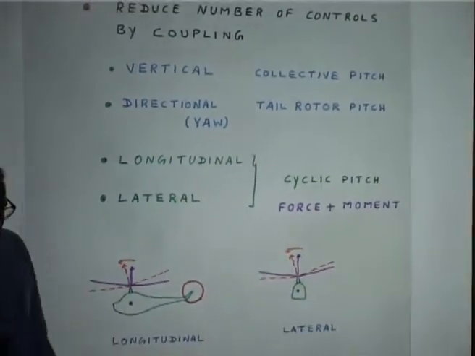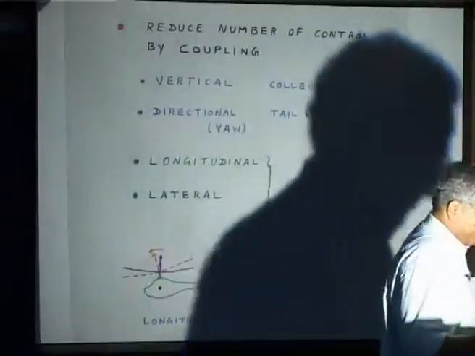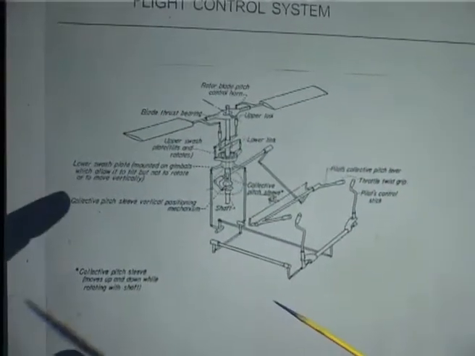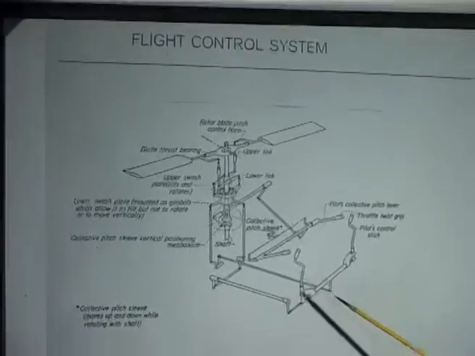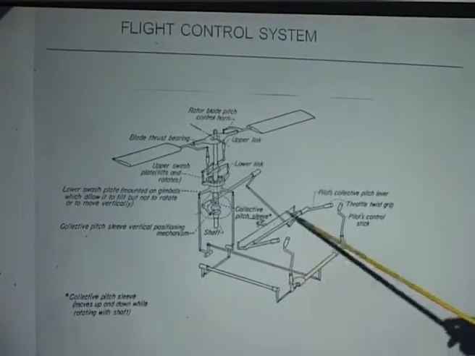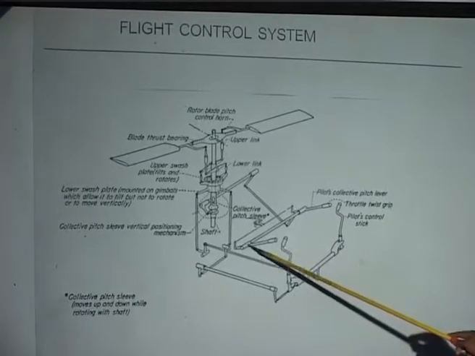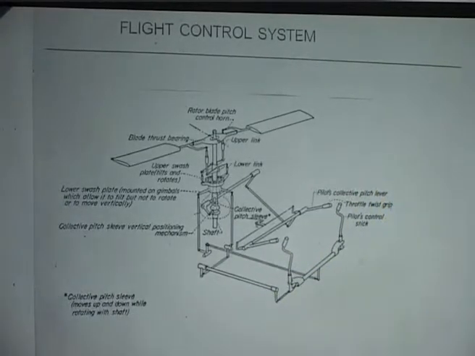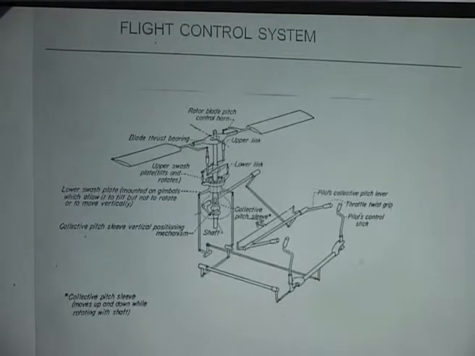Now I will give you a schematic of how these controls are. This requires a little more explanation. This particular lever, we call it the collective. When the pilot moves it, what is he really doing?